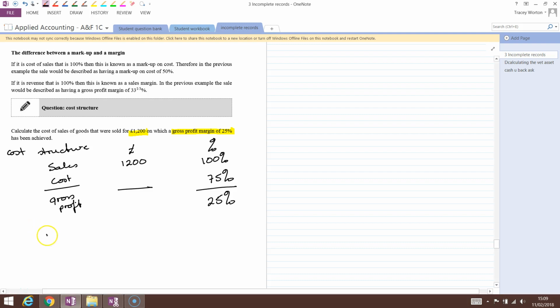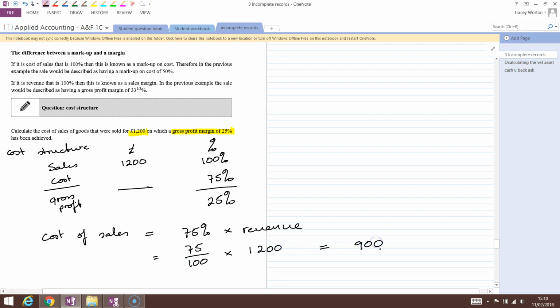So our cost of sales is equal to 75% of our revenue. So 75% of the 100%. So I want 75% of £1,200, and that's going to give me a £900 cost. So our profit on this transaction would be 300.